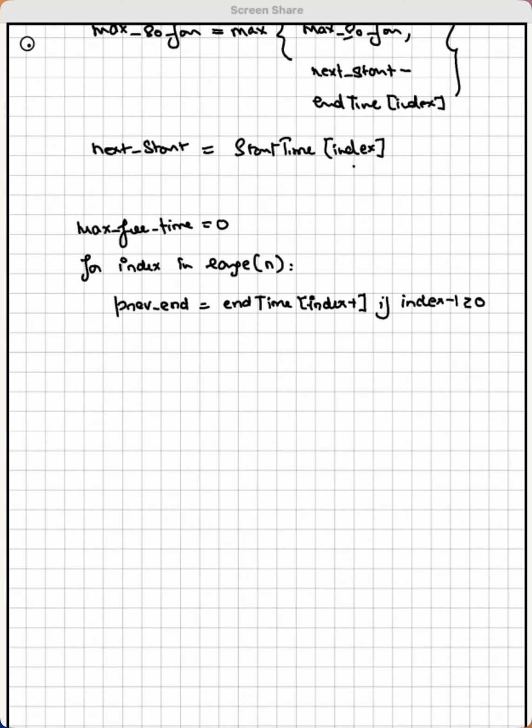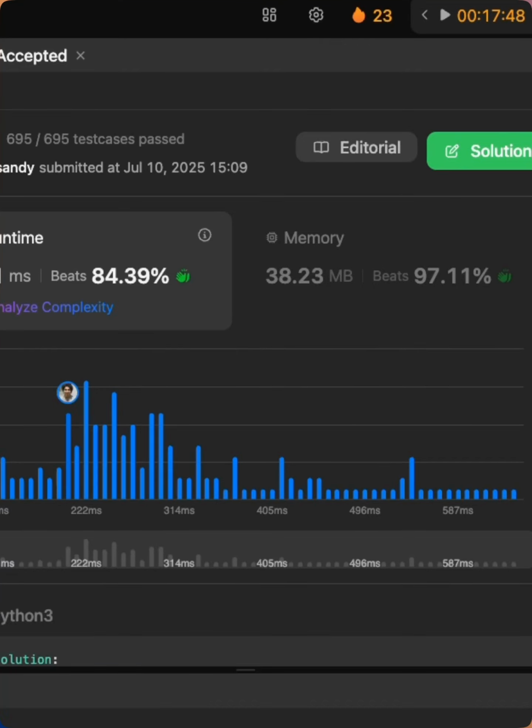So if this is my 0th index, and index minus 1 does not exist, then I can use 0.